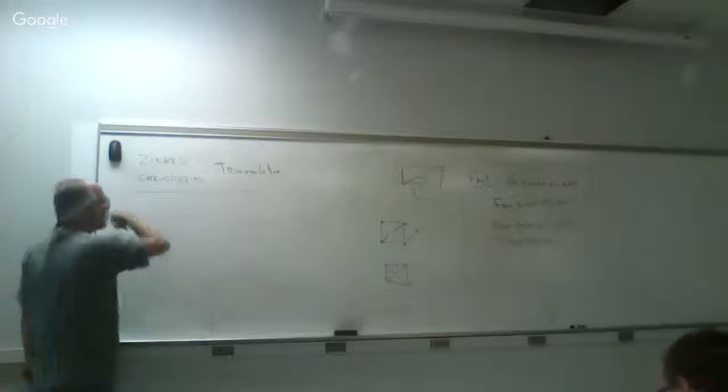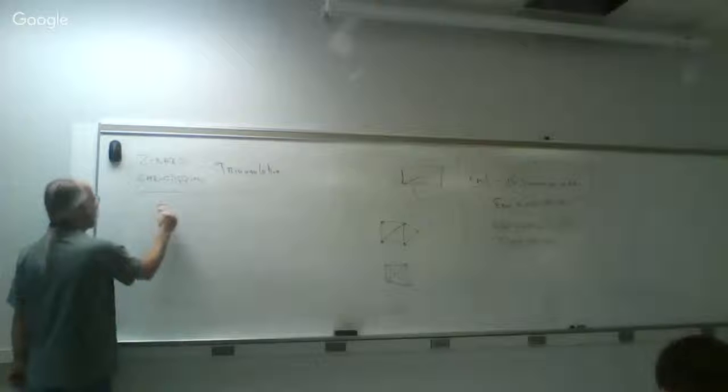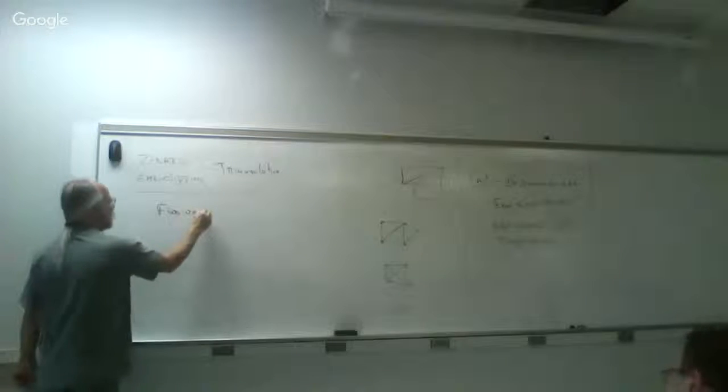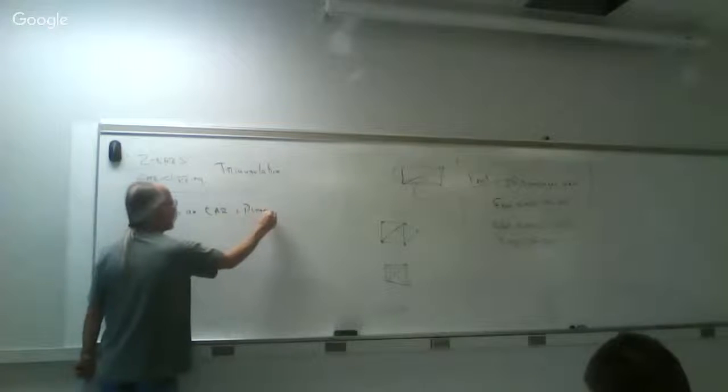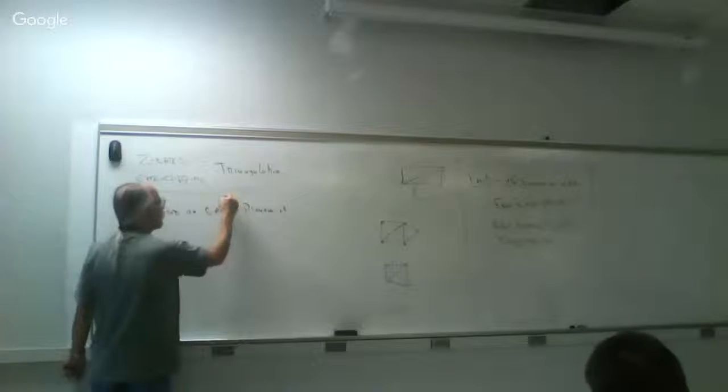We've got a simple polygon. We just find an ear and remove it. The ear that we find is one of the triangles.